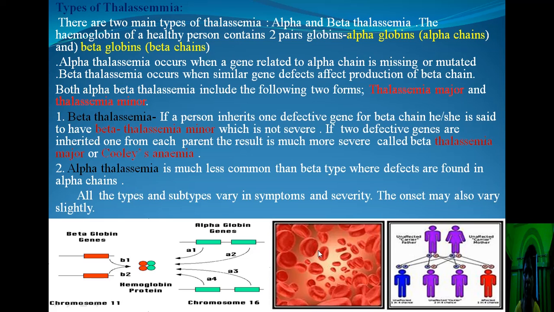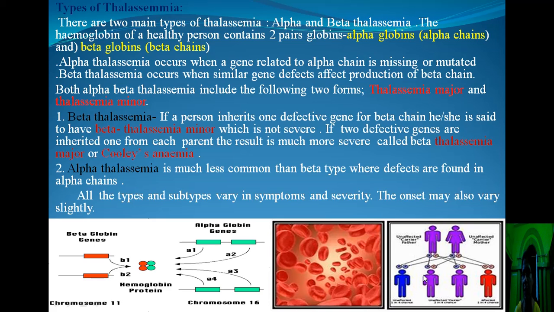Now this is the diagrammatic view of the RBCs found in the normal case. Then here you can see the two parents. The two parents are carriers. Carrier means they contain one normal gene and one thalassemic gene. The mother also contains one normal gene and one thalassemic gene. If both of them provide normal genes to the child, the child will be normal.